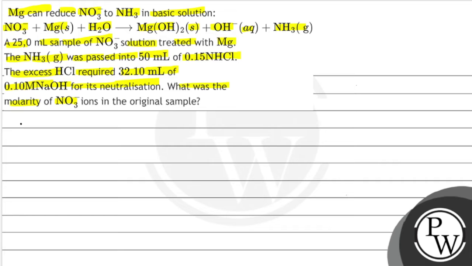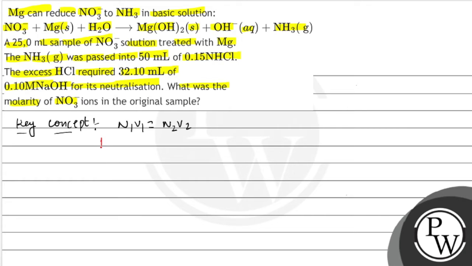So let's see the key concept to this question. The key concept would be N1V1 equal to N2V2.